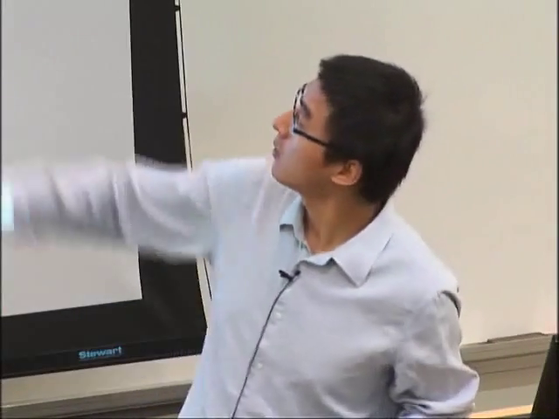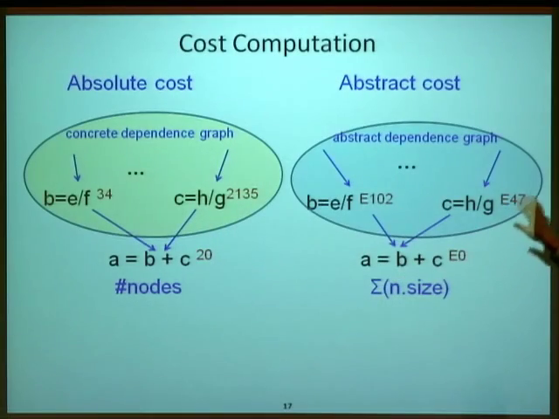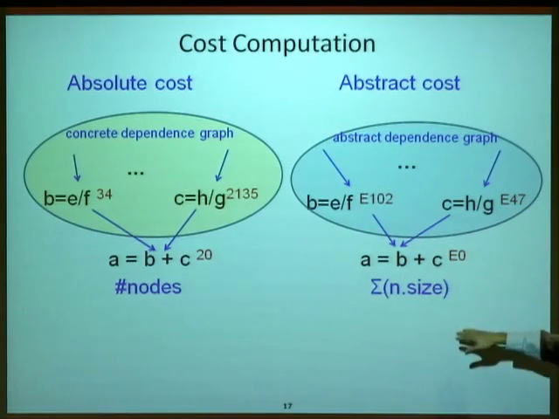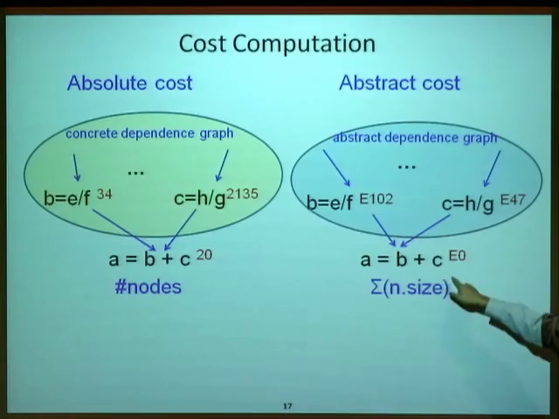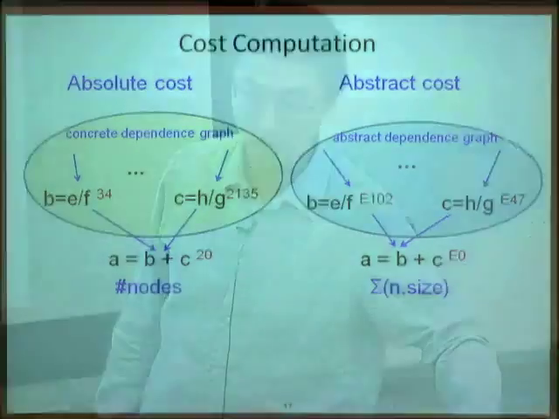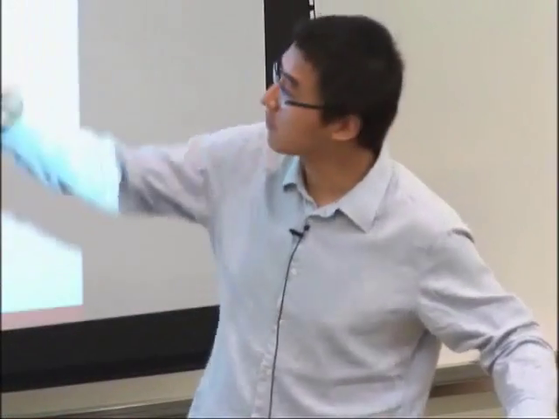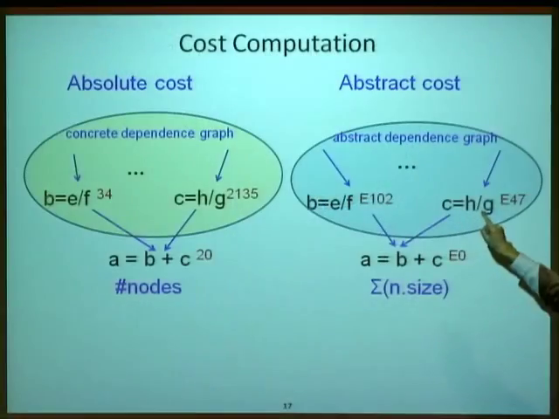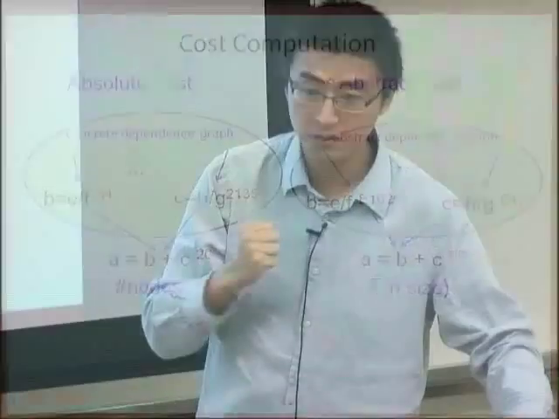So for example, the abstract cost for an equivalent class, like this one, A equals B plus C annotated with E0, can be computed by traversing backward this abstract dependence graph and calculating the sum of the sizes of the reachable equivalent classes. The size of an equivalent class is essentially the total number of instruction instances aggregated in that equivalent class.